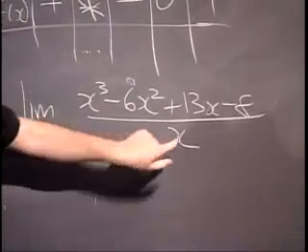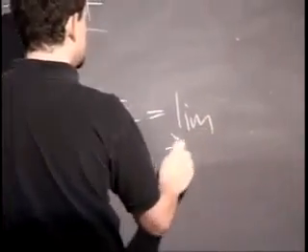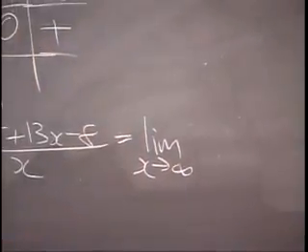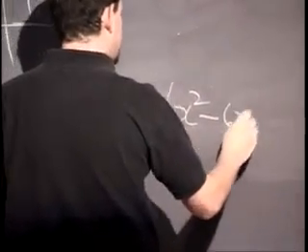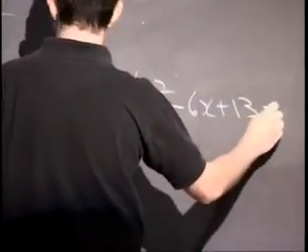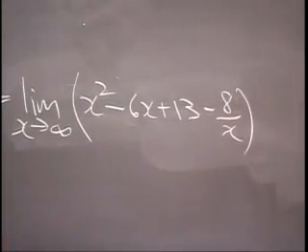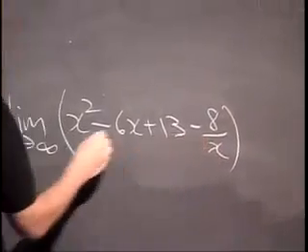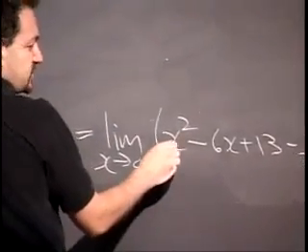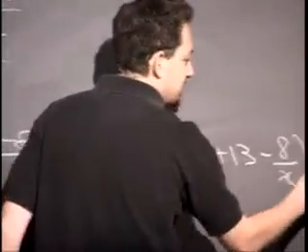I actually am going to cancel out a factor of x. So I'm going to get x squared minus 6x plus 13 minus 8 over x. And ask yourself what happens as x becomes large. Well, clearly this term goes to 0, and the x squared term dominates. So actually, this just becomes infinity.